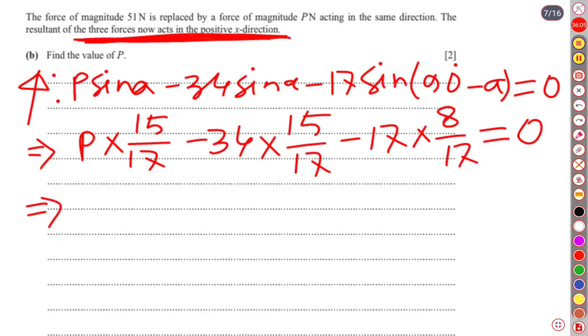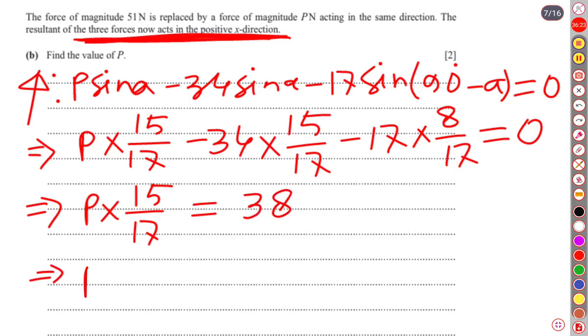So what is it going to be? P times 15 over 17 equals, on the right side, 30 plus 8, so 38. So P is equal to 38 times 17 over 15.